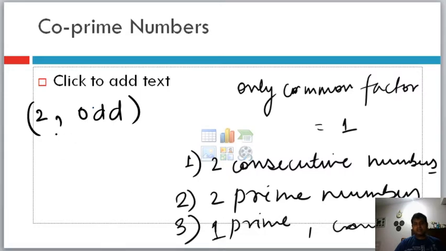Clear? 2 is a prime number, and then any odd composite number or any odd number, they will be co-prime. If you choose other prime numbers, for example 3, understand that all the other prime numbers are going to be odd numbers, right?